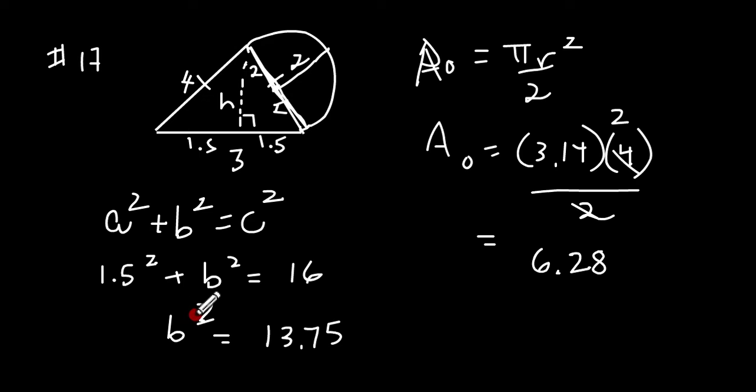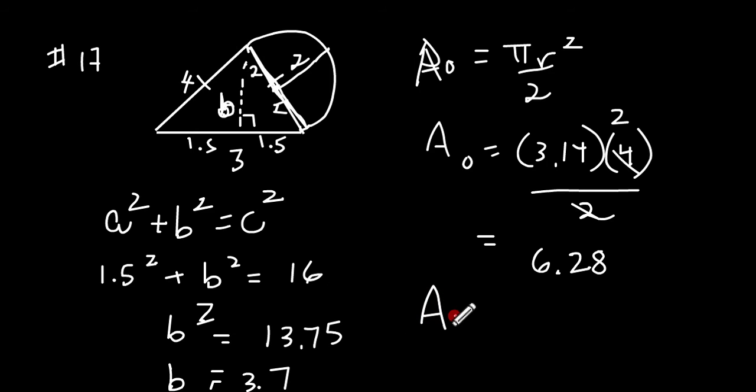If I didn't make any mistakes, 16 minus 1.5 squared, square root of that, is just the height. So b, which is the height, we just make that b, more consistent, is going to be 3.7. Now we have to find the area of the triangle.